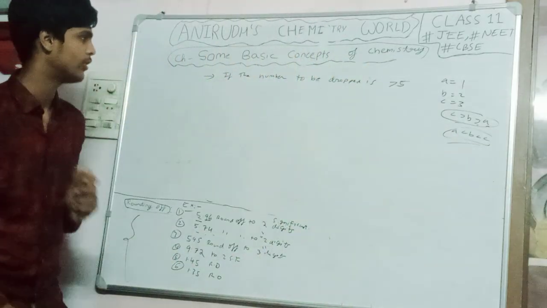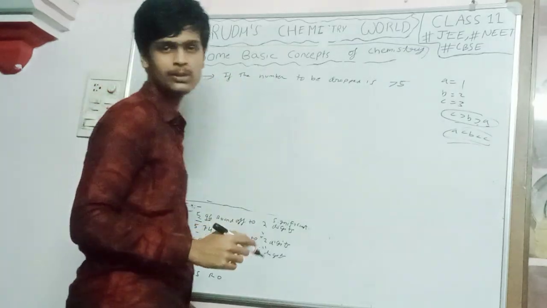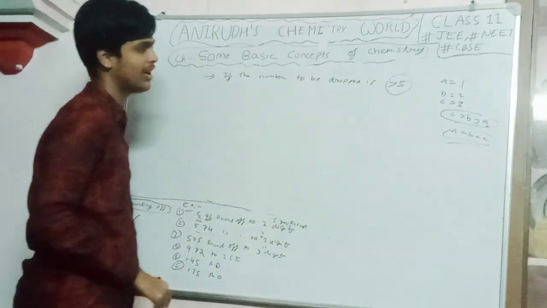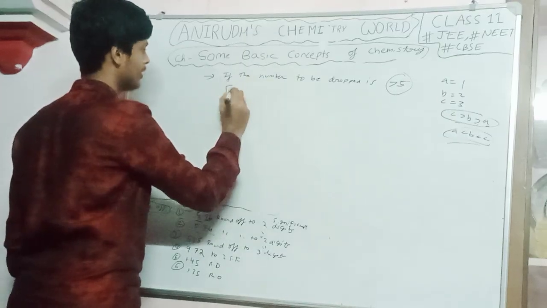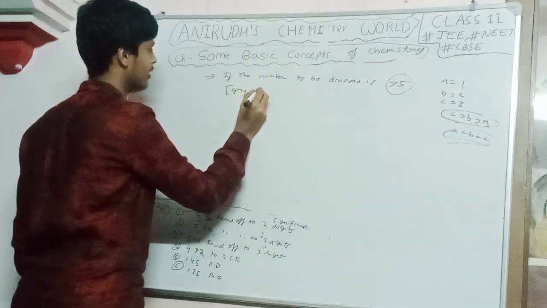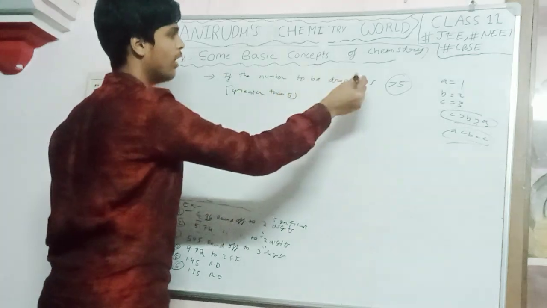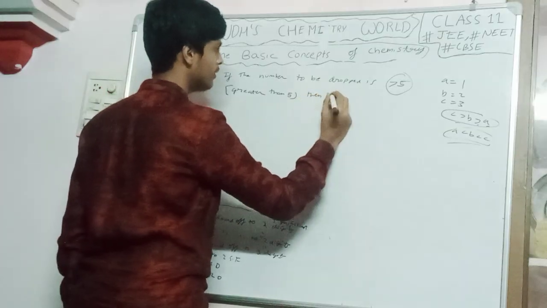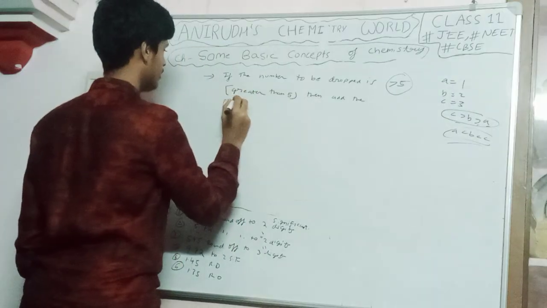This is just a small thing, a basic thing that I want to explain from scratch. If the number to be dropped is greater than 5, then add 1 to the preceding digit.